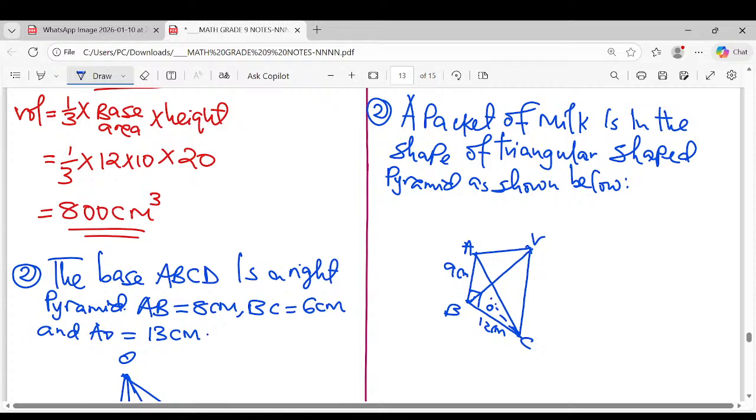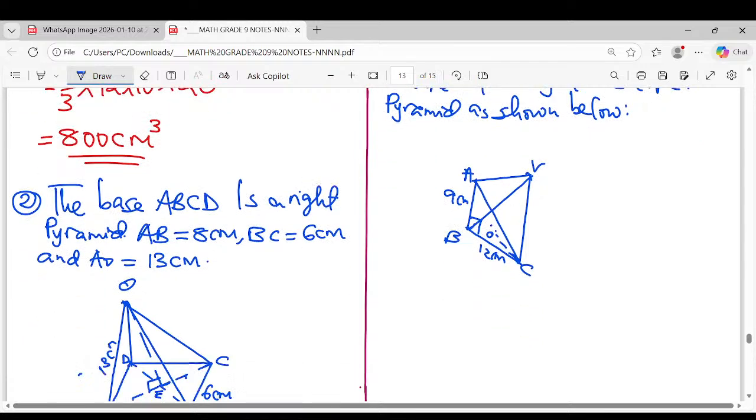So when you look at it, after that it says, find the volume of the packet.